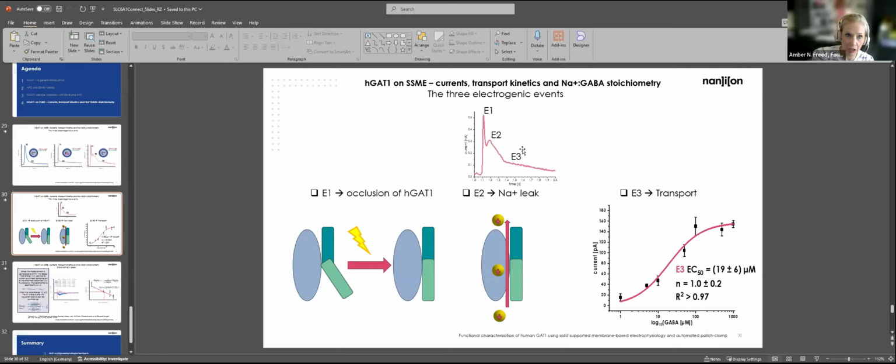Kirill asked, how about liposomes extracted from tissue used in SSME? Sorry, again? Okay, I'm going to put it into the chat again, because maybe I'm saying it incorrectly. Yeah, I can stop sharing because otherwise I cannot see the chat.